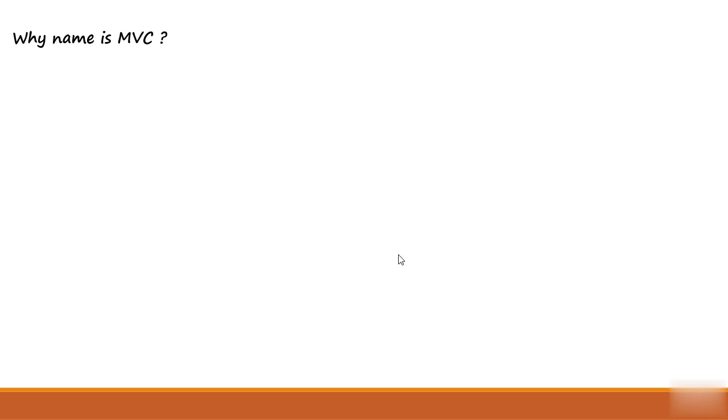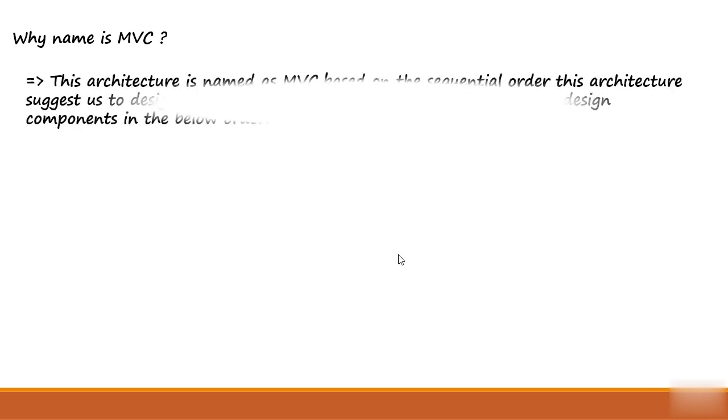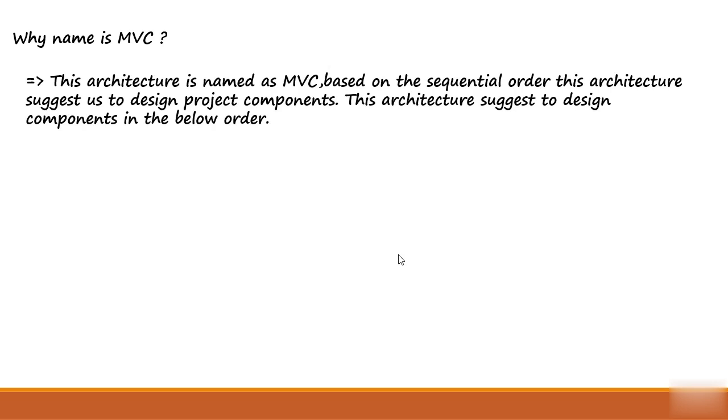We might get a doubt why the name is MVC. This architecture is named MVC based on the sequential order in which it suggests we design project components.